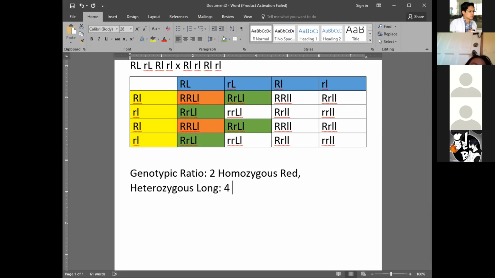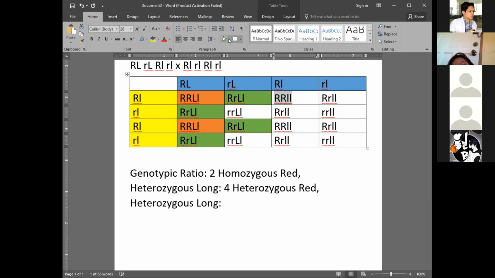Red eyes, heterozygous red, heterozygous long. Correct? Yes, sir.